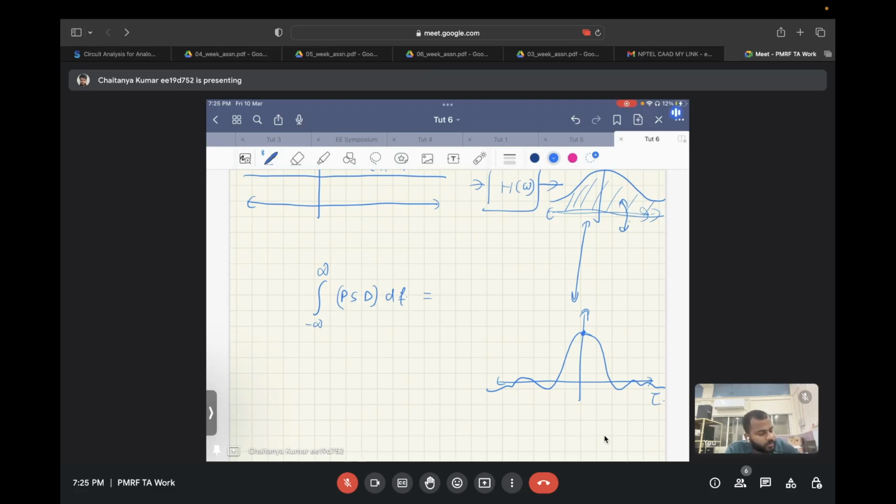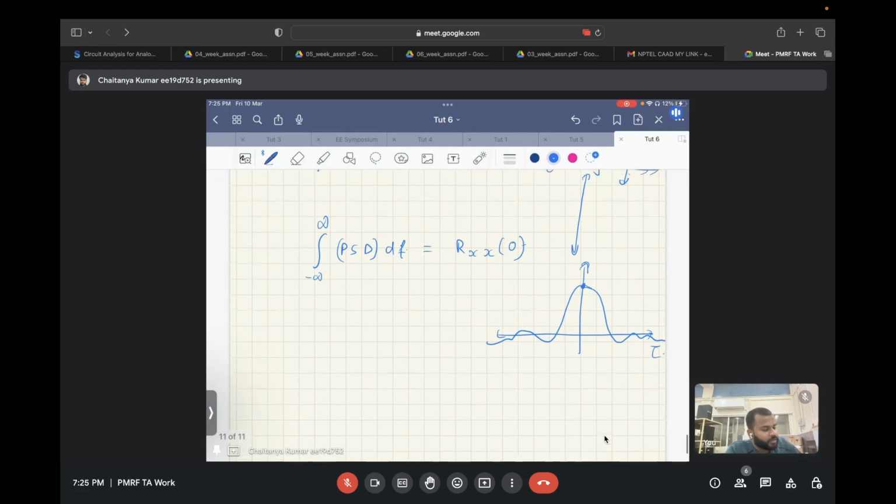It is the value at tau equal to 0. Correct. So this is the power. Rxx of 0 is the power, correct?